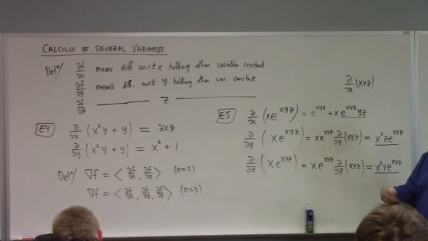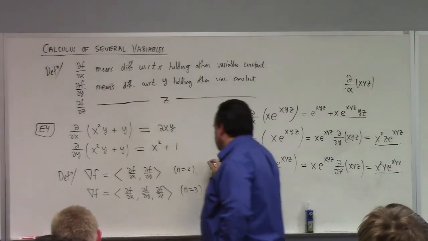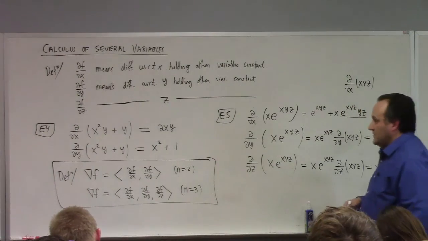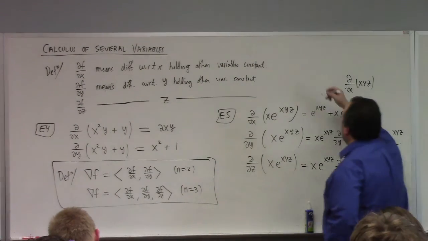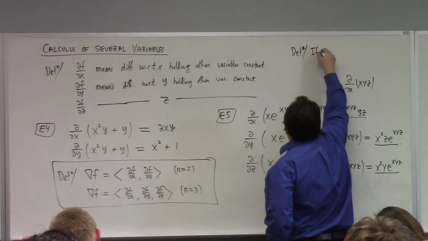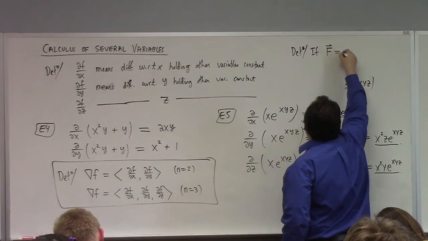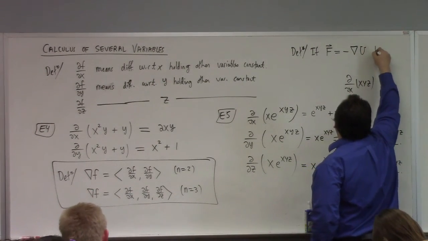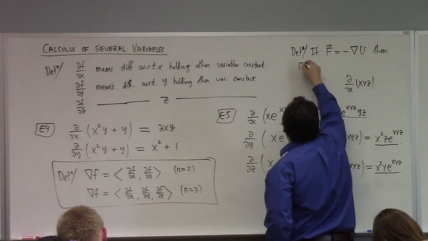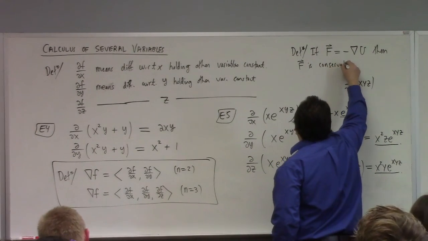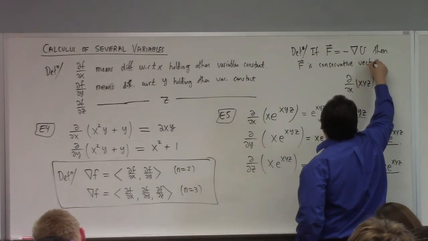So this is the gradient of a scalar function. All right? Obviously we won't get too far into it, but here's the definition. If F is equal to minus the gradient of U, then F is a conservative vector field.